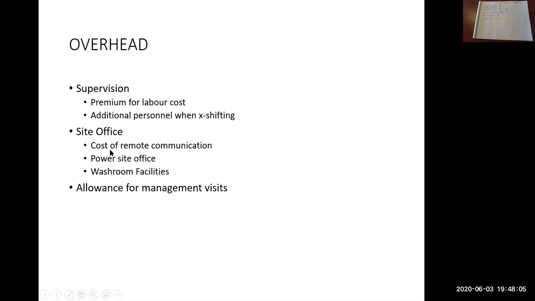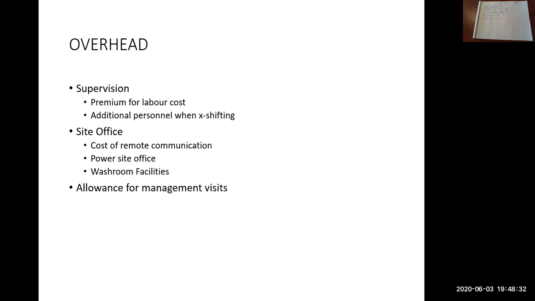So the site office, cost of remote communication. Back in the day, before there were cell phones, when the site office needed to communicate with the head office, the people in the site office needed to drive into town and use a payphone. Or possibly the general contractor owned a satellite phone.